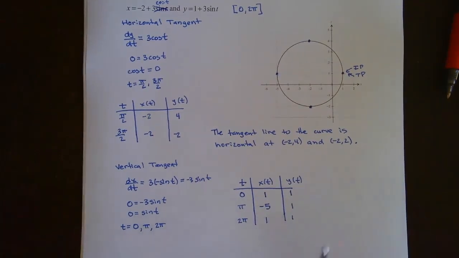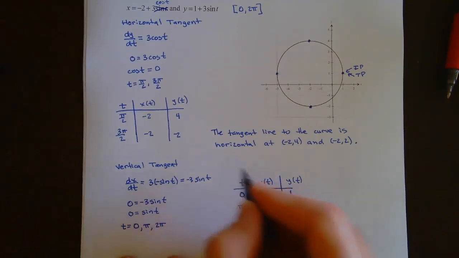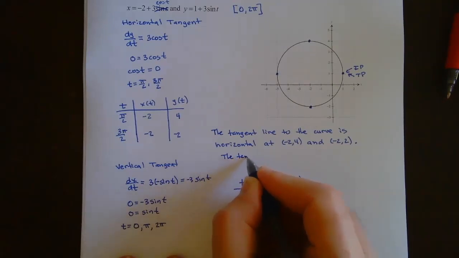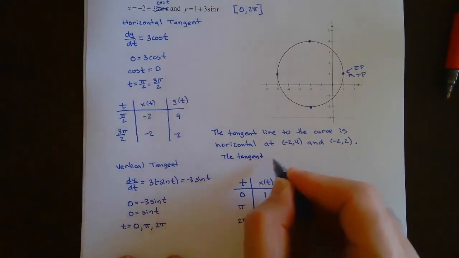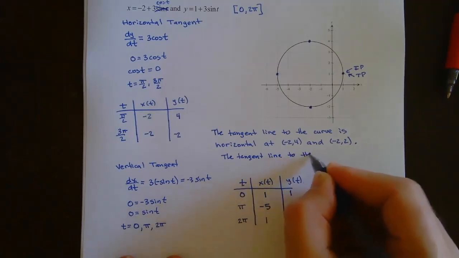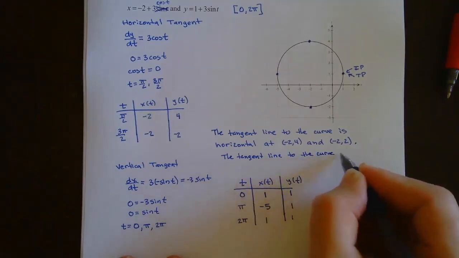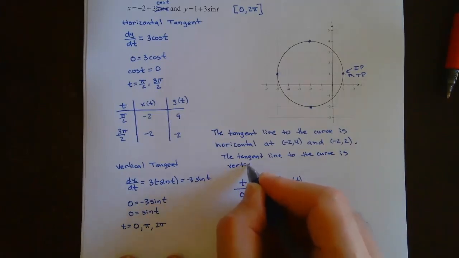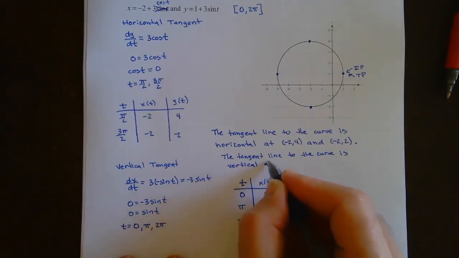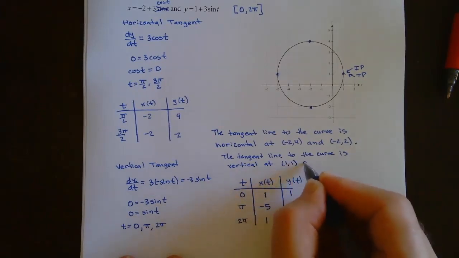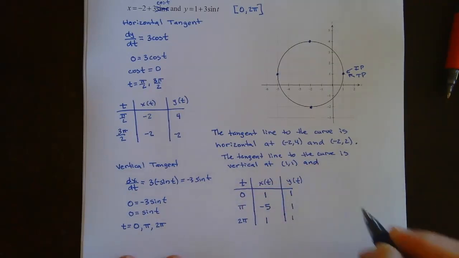So what does this mean? The tangent line to the curve is vertical at the point 1, 1 and the point negative 5, 1.